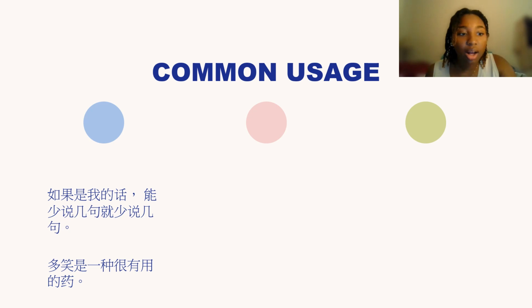All right, and so the next one, we're just going straight into it. Let's do it. So 我们看，如果你是我的话，能少说几句就少说几句。So this sentence may take a little bit of explanation, which I am very prepared to give. 如果是我的话, if it was me, 能少说几句就少说几句。If I'm able to, let's speak a couple of sentences.